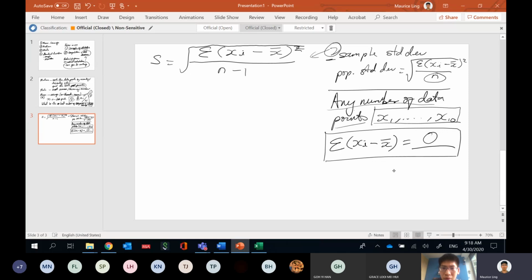If this is the average, you have all the numbers before that, each being minus a certain value, let's say minus y. Here you have another value, which is z. You minus off the average from all these values. Y will be the same as z. It's just that the signs are different.